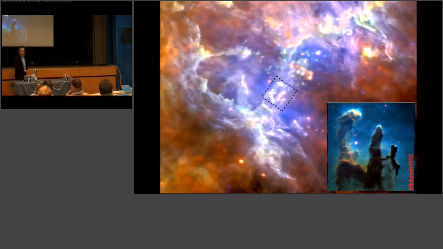Okay, so do we observe these interactions between clusters and star formation? Yes, we do. This is an example of the famous M16, where you have a massive cluster here that is forming and is basically interacting with the cloud around it, and you see the so-called pillars of creation that contain dense gas that is interacting directly with the stars.